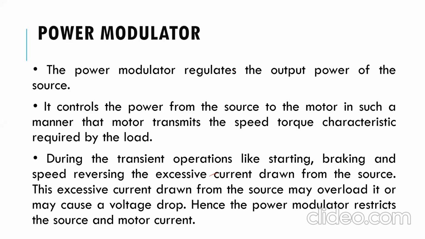Means what? Starting current is high because high starting torque or force is required to rotate the machine from 0 speed. So to restrict that current below the allowable value, you have to use a 3-point starter or 4-point starter. Means you have to use an extra device. But if we use power modulators, power modulators constitute switches.